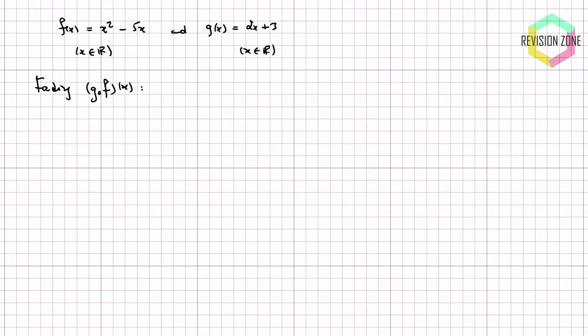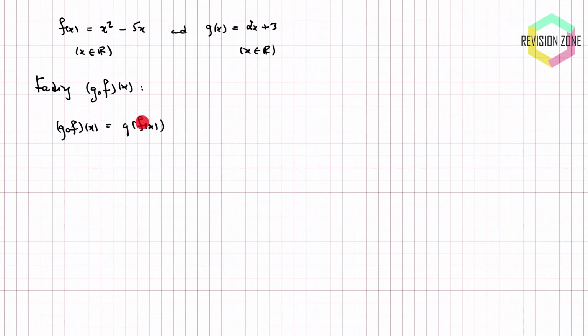So moving on to part 2 of this example, we now want to work out g composed with f, but that's obviously the same thing as g of f of x, which we can write as follows. And as before, I don't necessarily want to substitute in for f here. Instead, I want to go to the definition of g, and we know that g takes in an input, doubles the input, and then adds 3.